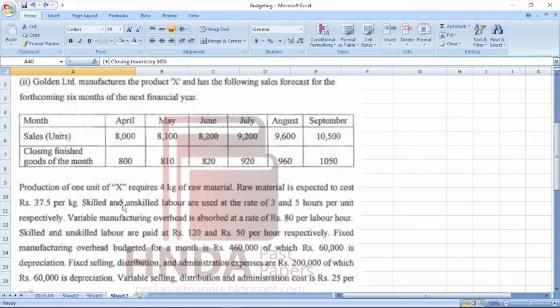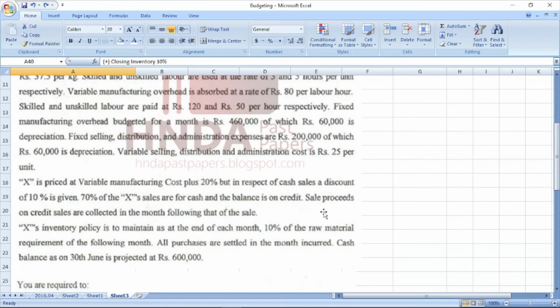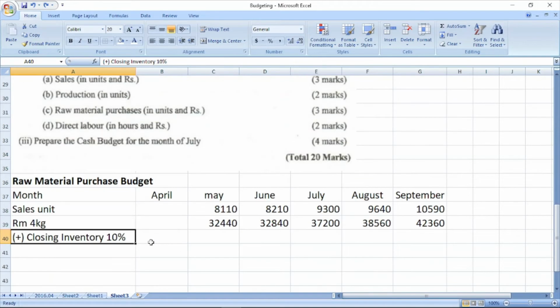Next they say they maintain 10% of raw material requirement of the following month. The closing inventory 10%, we need to add the following month requirement into 10%.